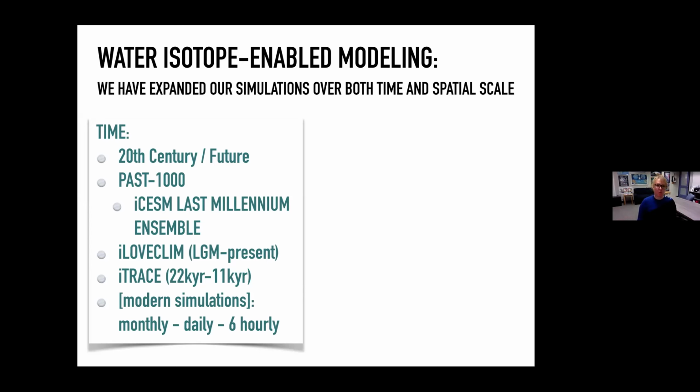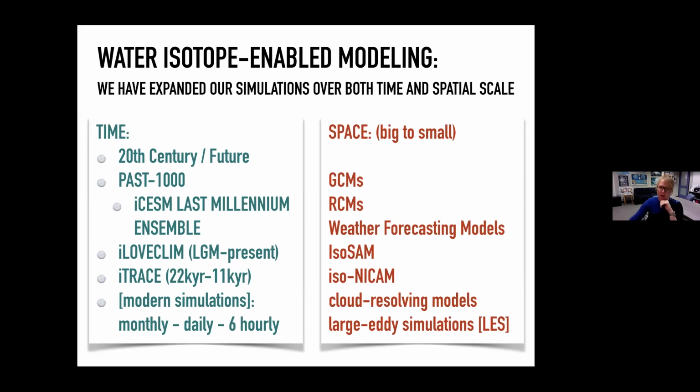We also have high resolution modern simulations from our fine scale models. In terms of space, we have gone from GCMs to regional climate models, weather forecasting, cloud resolving models, and large eddy simulations. Again, we really have a hierarchy of complexity and coverage in both time and space.